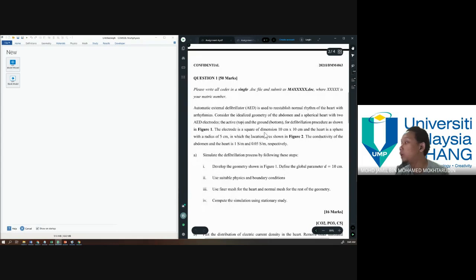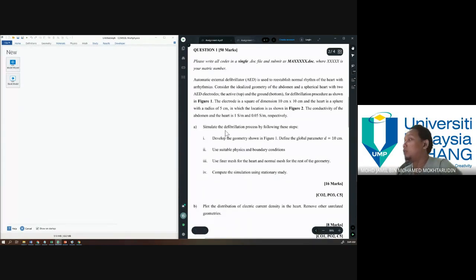The electrode is a square of dimension 10 by 10 cm, and the heart is a sphere of radius 5 cm, in which the location is shown in figure 2. The conductivity of the abdomen and the heart is 1 Siemens per meter and 0.05 Siemens per meter respectively.